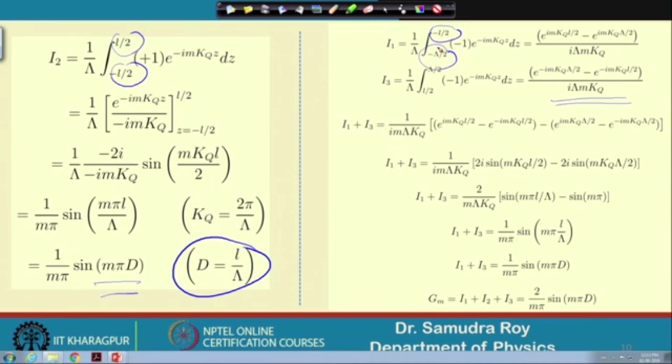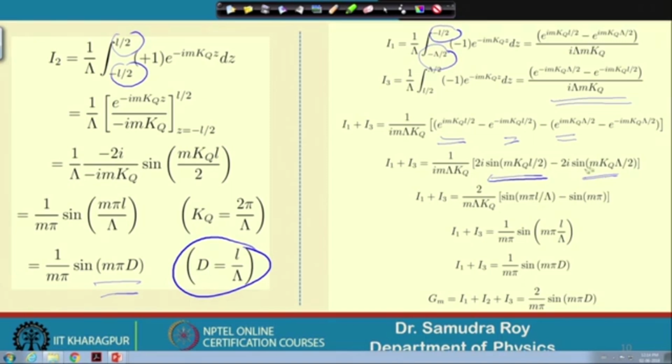So, since the limit is different, we are not going to get the sine term directly. What we will get, if I now add these two things, is one term here and one term there, and when we consider these two terms, we will find two terms like sine and sine. For one, the argument is m k_q L divided by 2, in the other case the argument is m k_q lambda by 2.